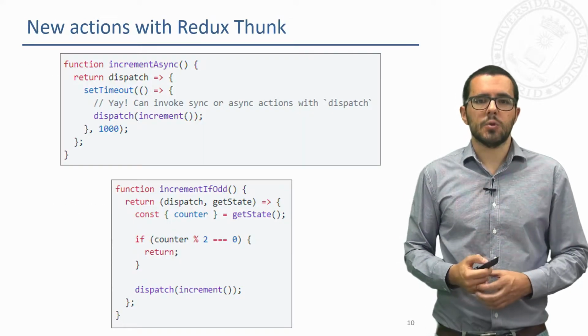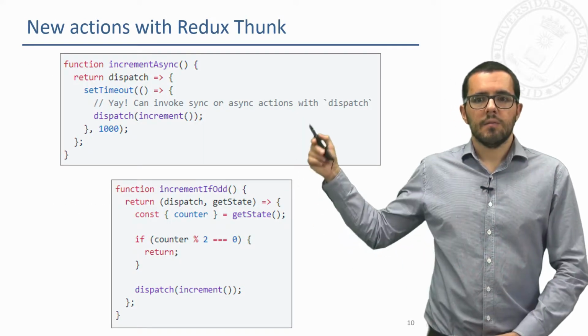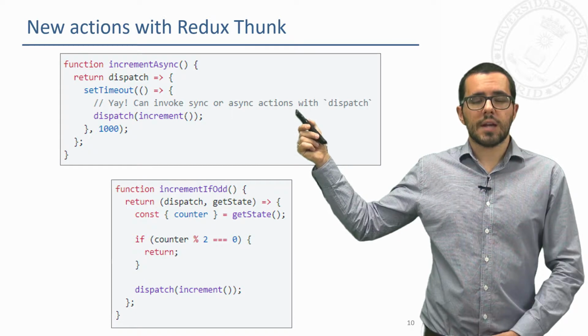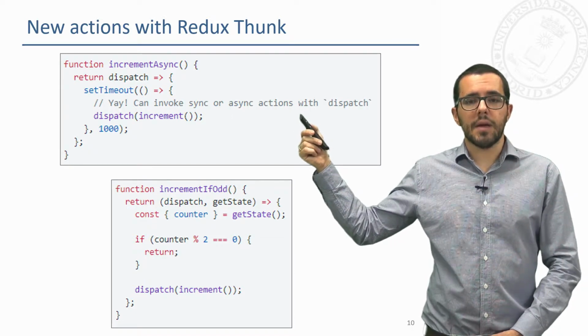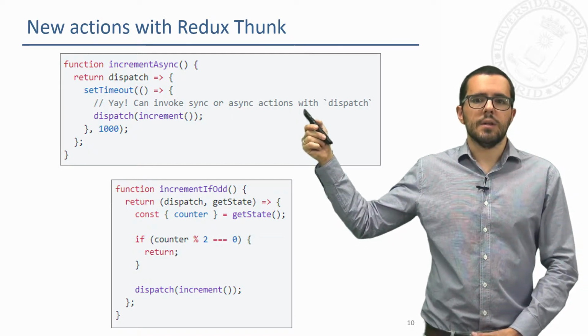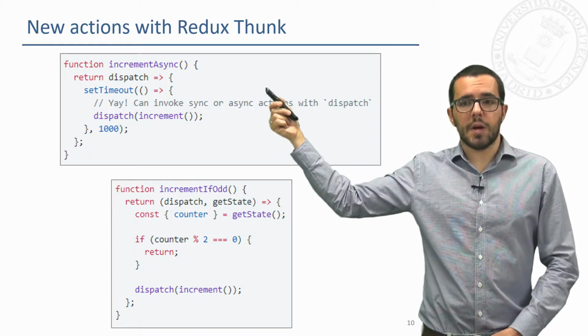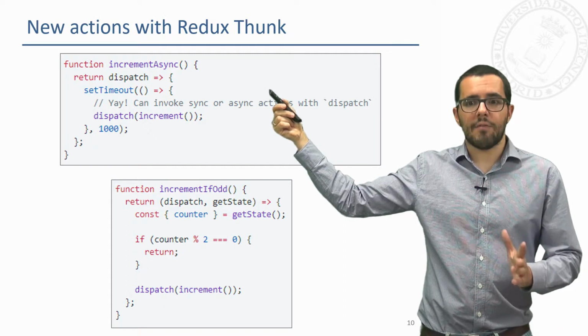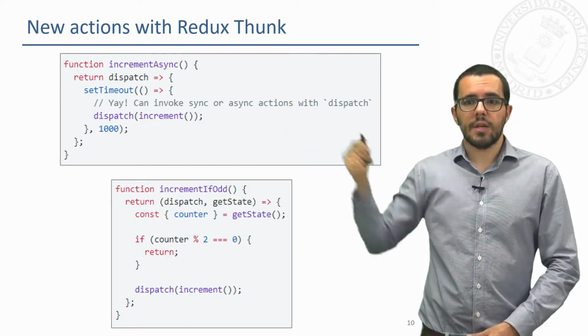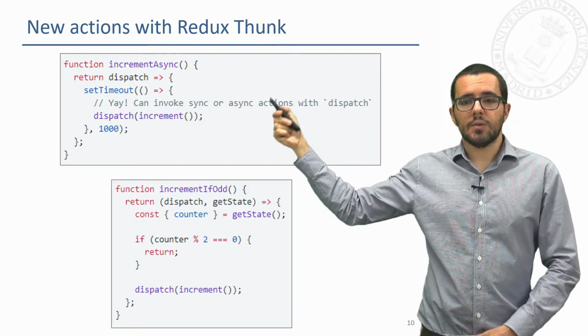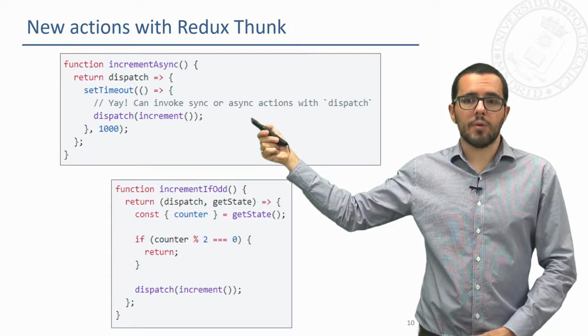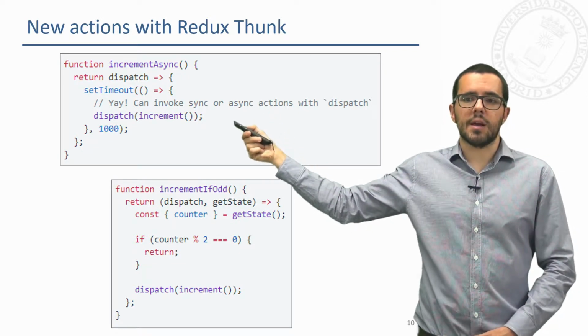Let's see a couple of examples to understand it better. This action creator is incrementAsync. So it will return, instead of a JavaScript object, a function that receives dispatch and, in 1000 milliseconds, will dispatch the increment action.